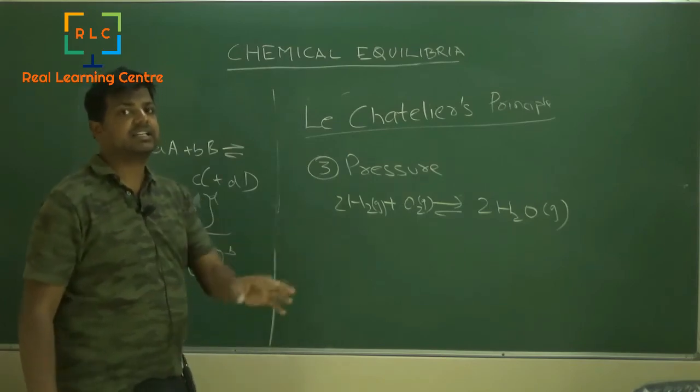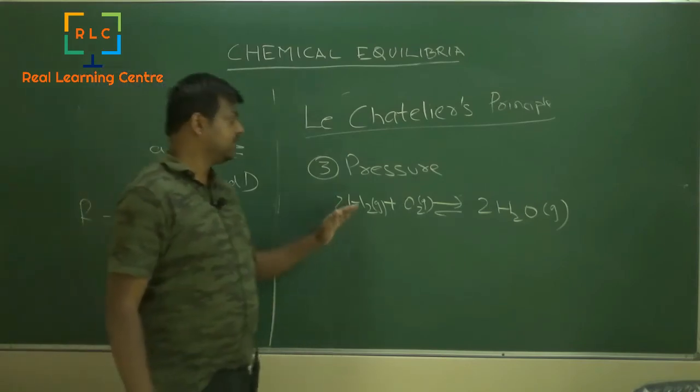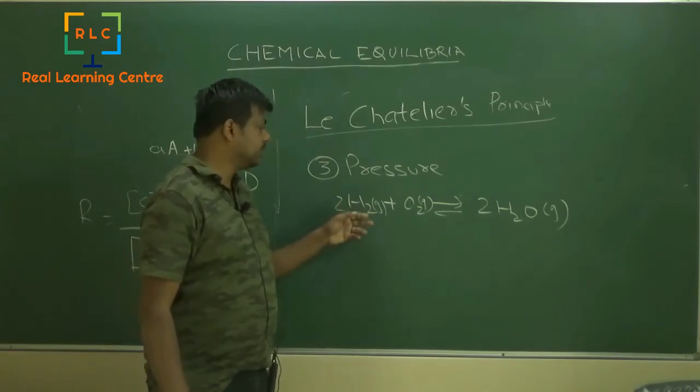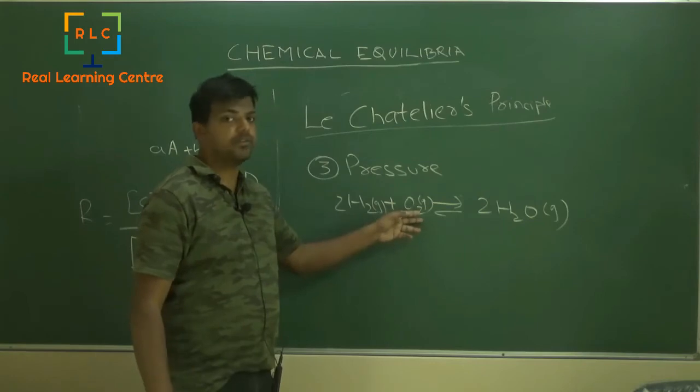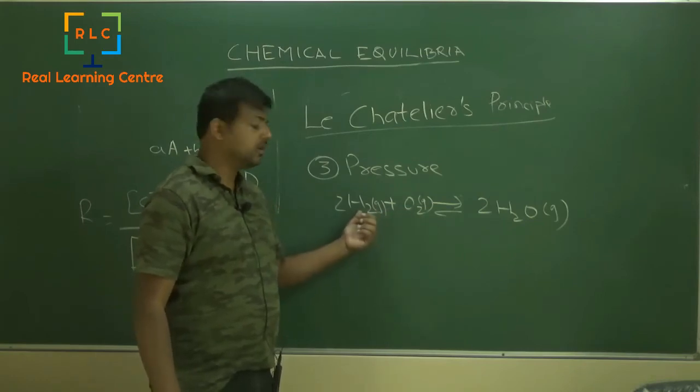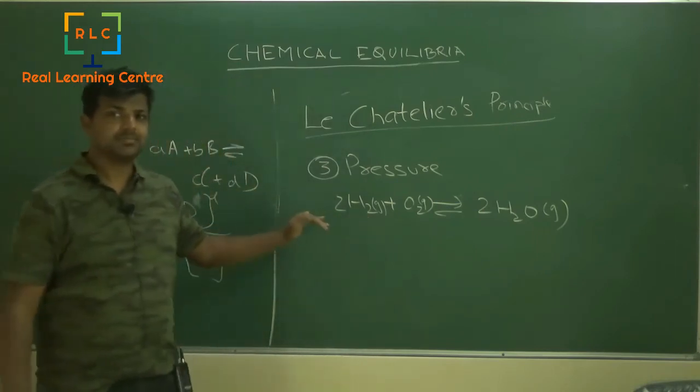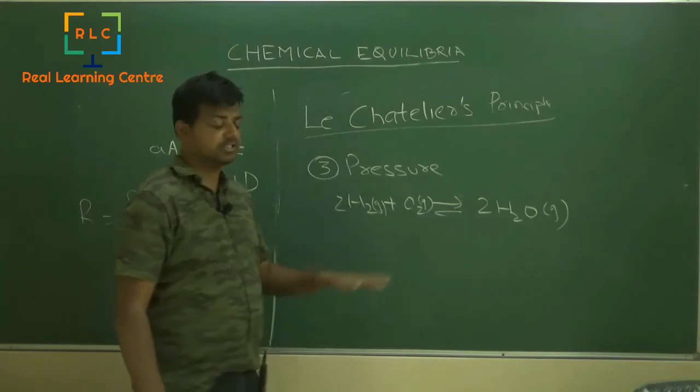If V, R and T are the same for all of them, the pressure of hydrogen would be twice that of oxygen, because the number of moles is more here. Let's say you have 2 moles of it. I'm just explaining in terms of stoichiometric coefficients how pressure changes.